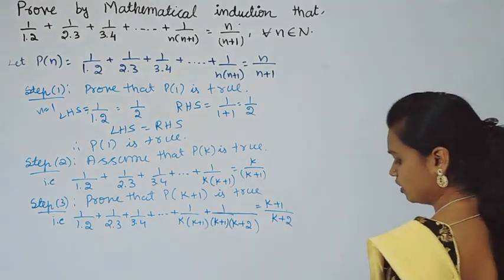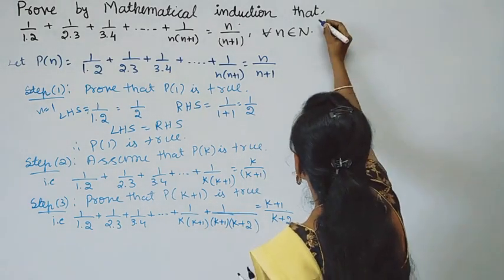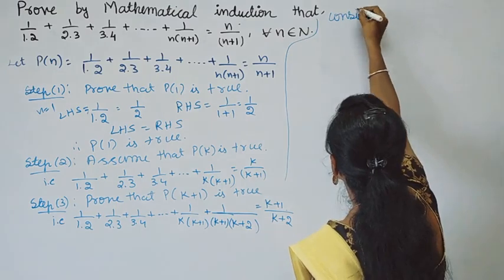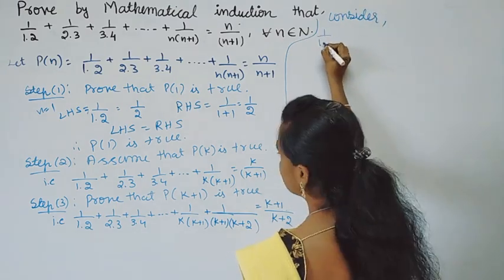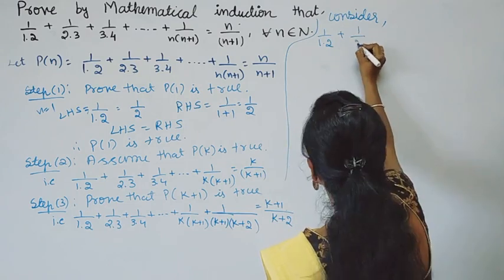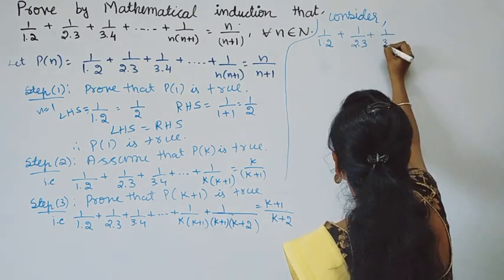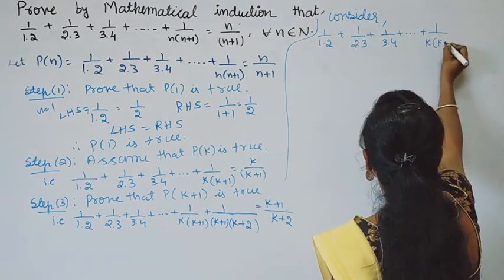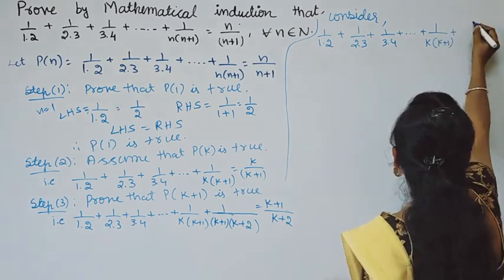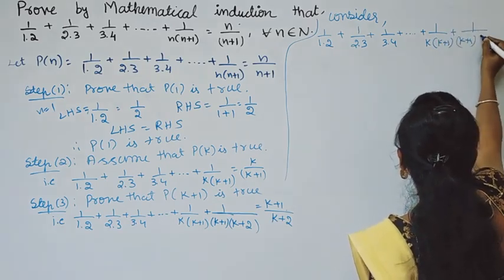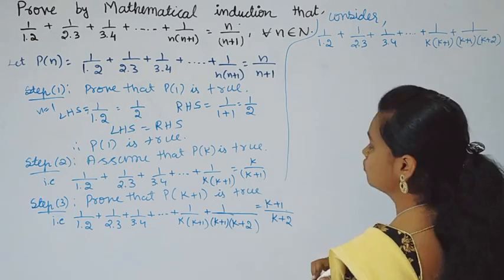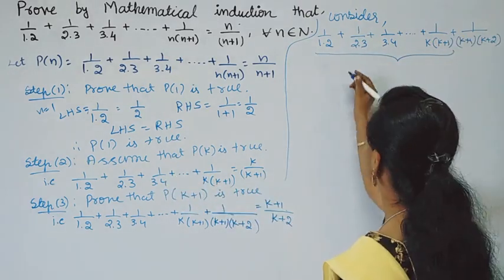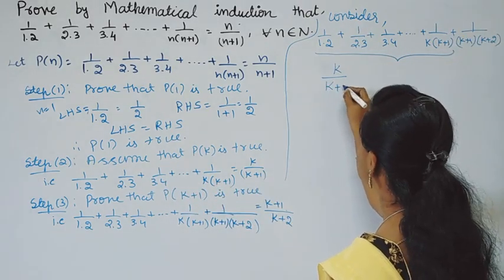So how to prove this one? Again consider the LHS. Up to here, from step 2, this is equal to k by k plus 1, right?